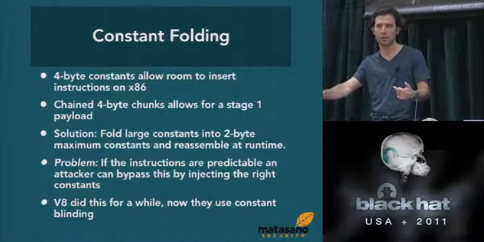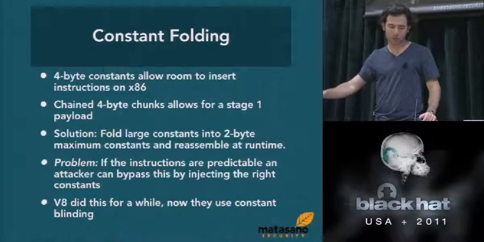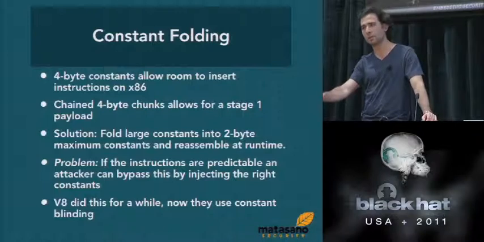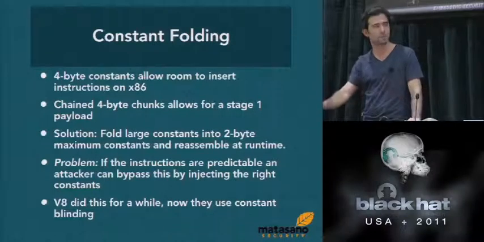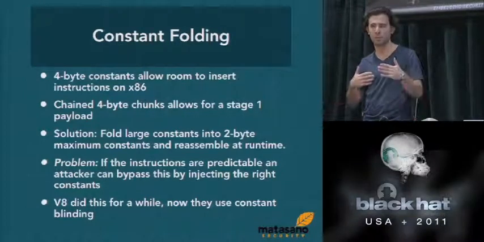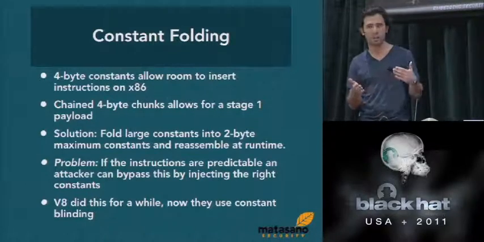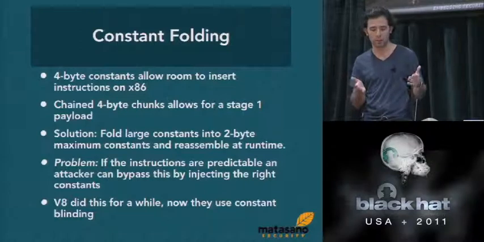Since x86 instructions are pretty small, having 4-byte blocks is pretty bad. So the solution was to fold large constants into smaller constants and then reassemble them at runtime. You take any constant that's over 2 bytes long, break it up into multiple instructions that perform a similar operation with smaller constants, and then reassemble it later. That prevents you from inserting larger constants with more code.